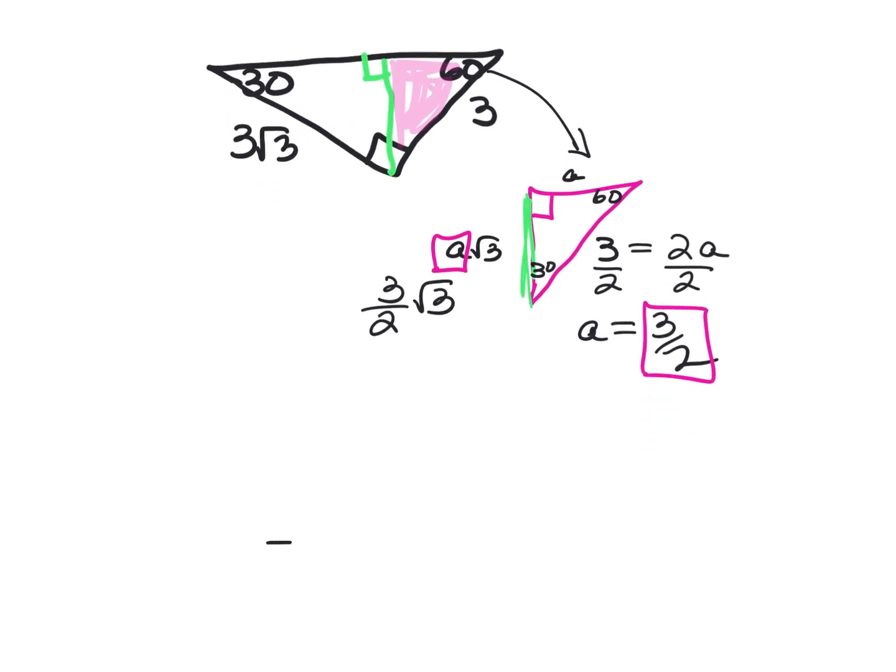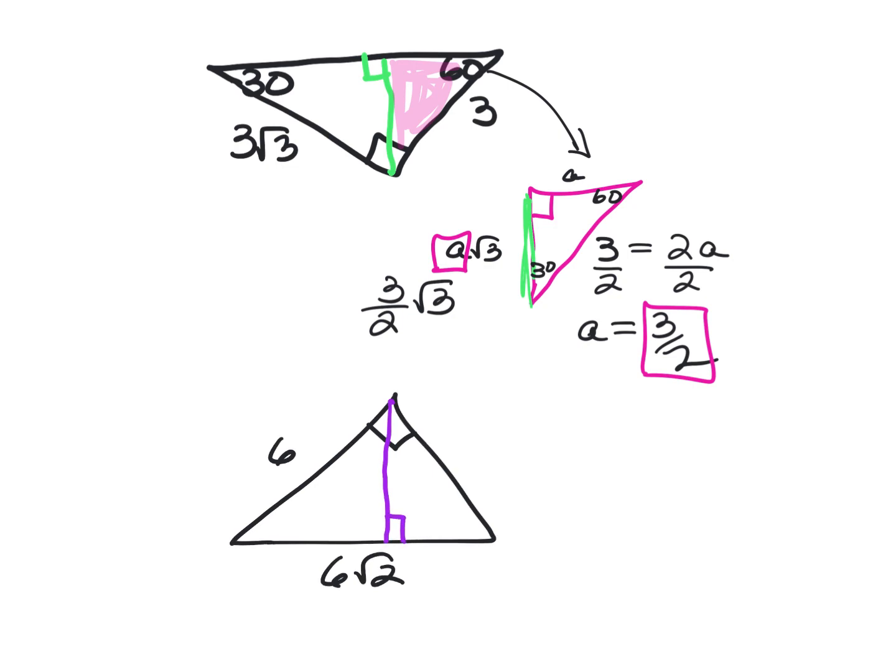So C looked like this. It had the right angle up here. It had 6 square root 2 here and a 6 here. Once I draw down my altitude, again, I'm making a smaller right triangle here.